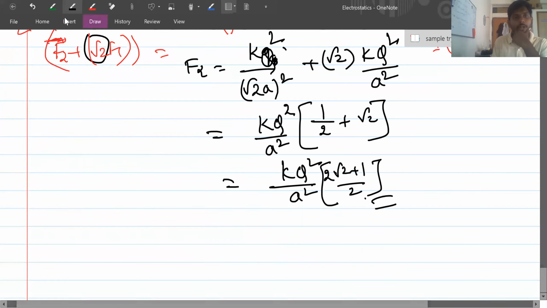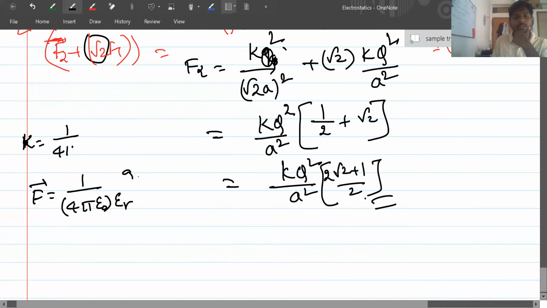Another point to be understood is that K becomes 1 by 4 pi epsilon naught, so the net force is 1 by 4 pi epsilon naught q1 q2 by r square.